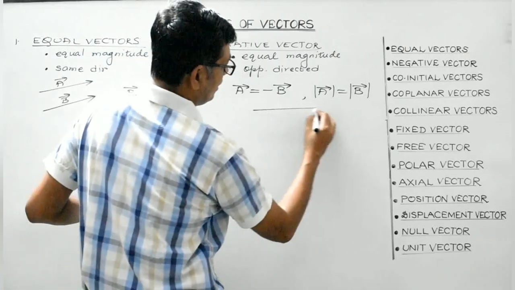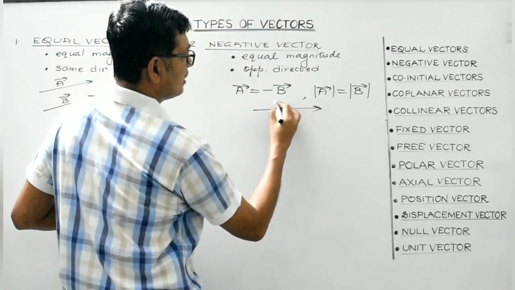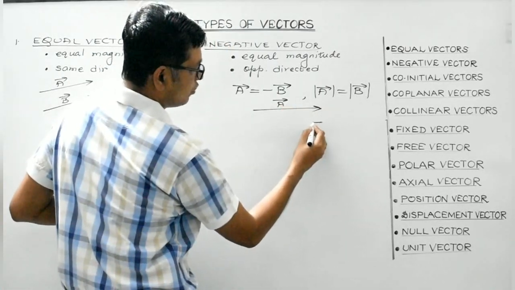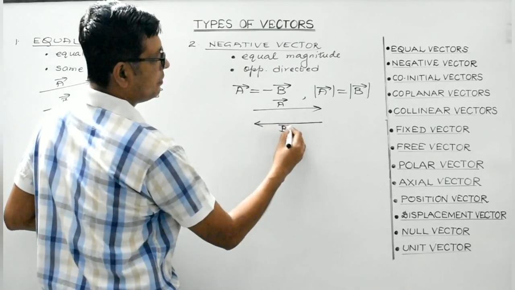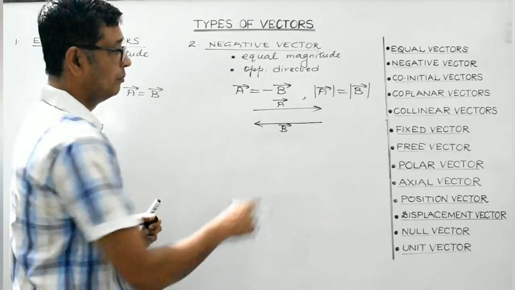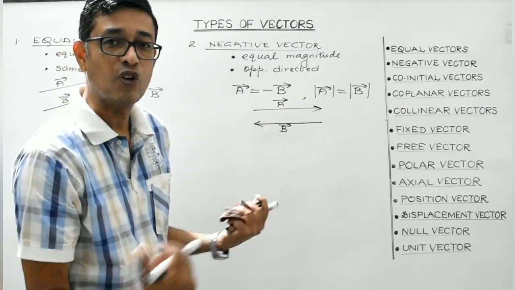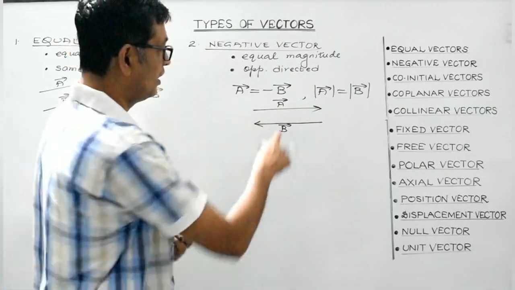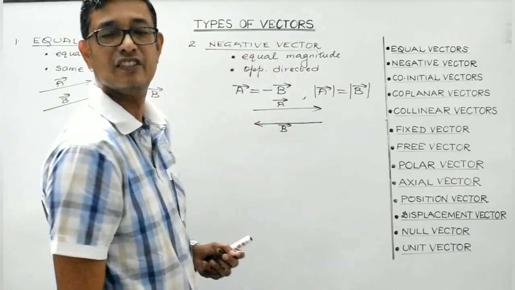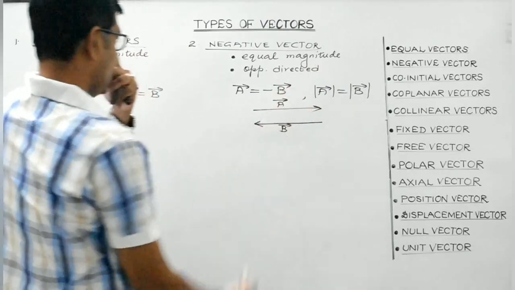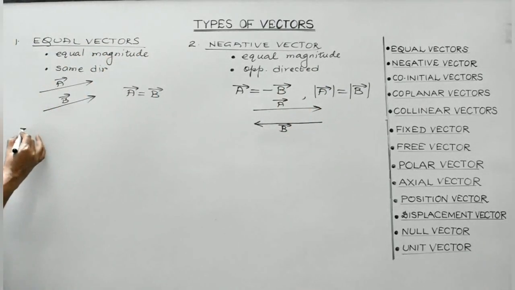So diagrammatically you can represent it like this. If this is A vector, then this will be B vector. Both represented by arrows of equal lengths but directed in the opposite direction. Angle between them is 180 degree. So that's negative vector. Right, students? Okay. Let's consider the third one.